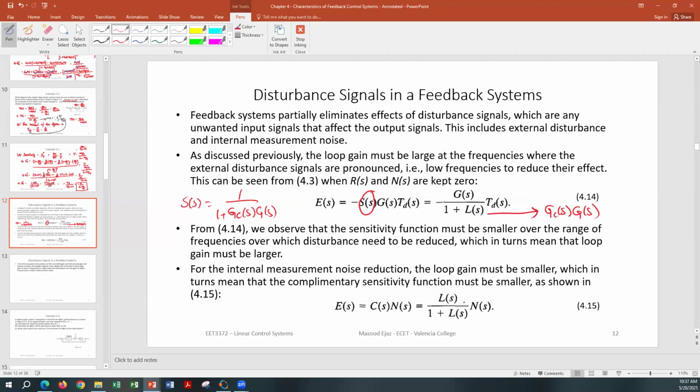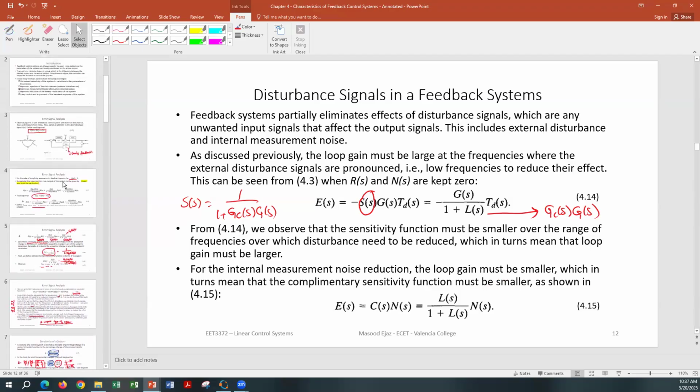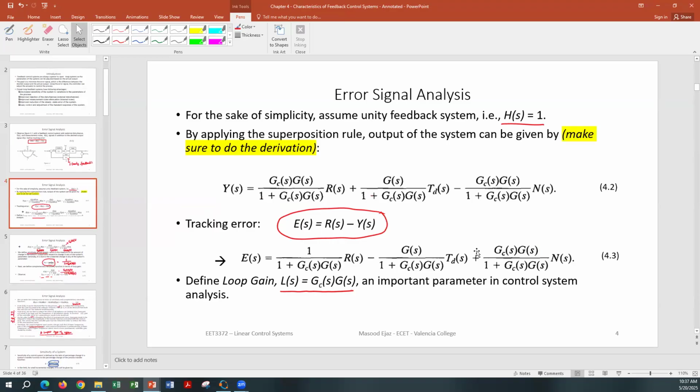If you look at the measurement noise and how it affects the error, then we keep the input signal and external disturbance to be 0, and the error due to just noise is going to be loop gain over 1 plus loop gain.